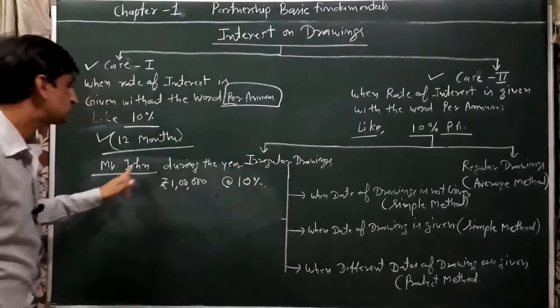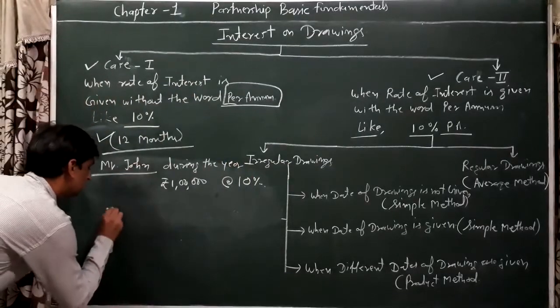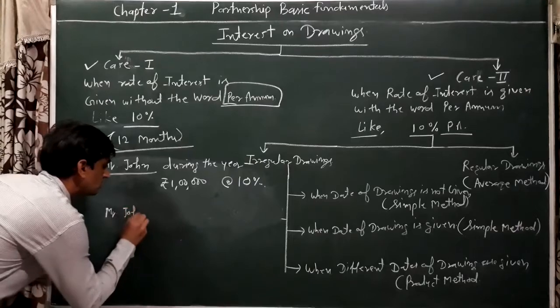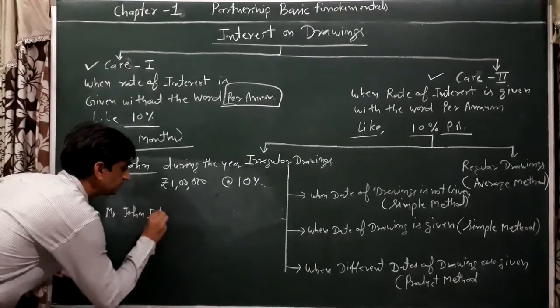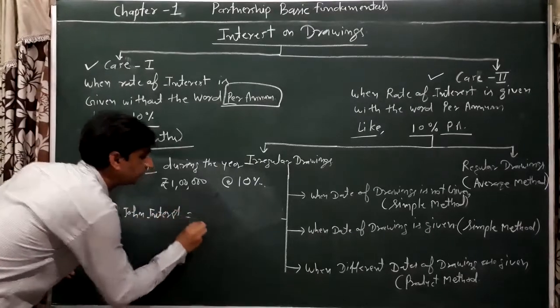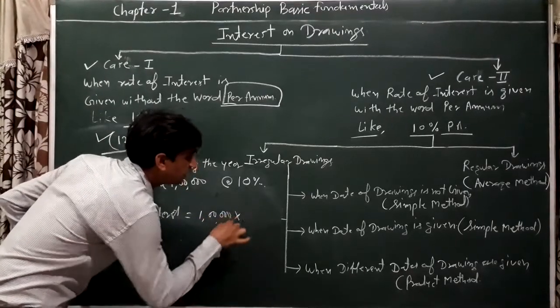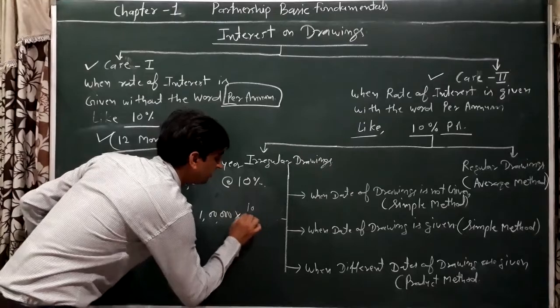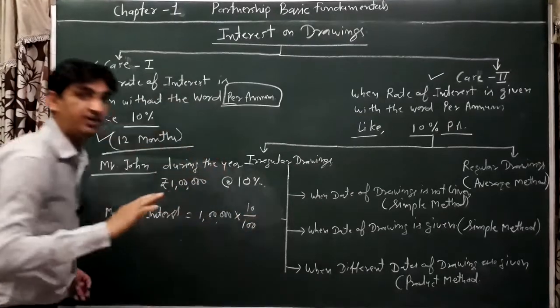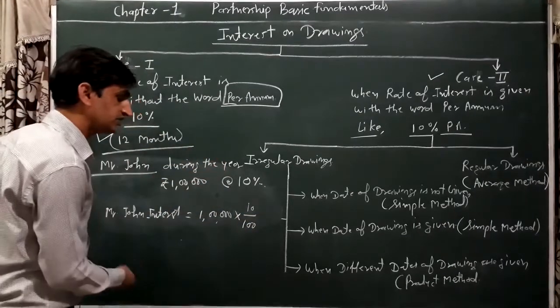So here Mr. John's interest on drawings will be: rupees 1 lakh is the drawings amount, into rate of interest 10 upon 100, and the time period always 12 months will be considered, the whole year.